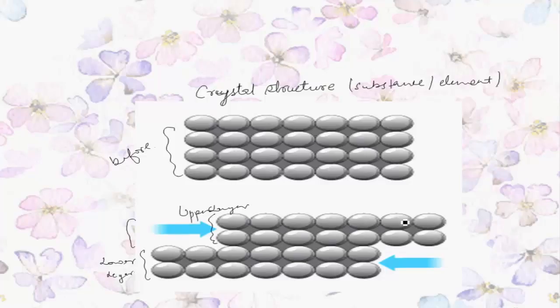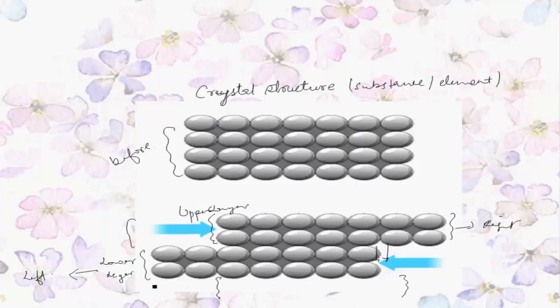So when we apply a tensile stress or forces in opposite directions, the upper layer will shift to the right side and the lower layer will shift to the left side, creating a cavity or space for the upper layer. And the upper layer, when it finds the cavity, will settle down in those cavities.